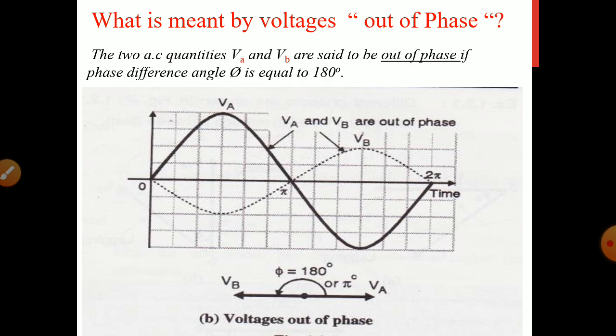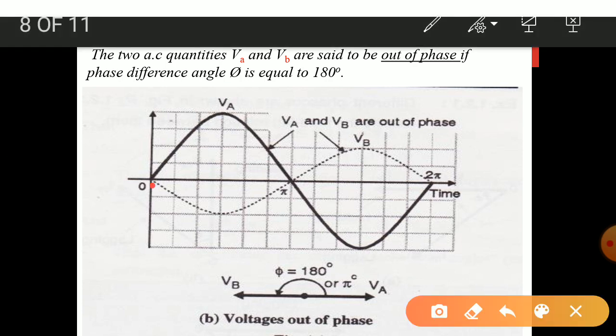See, in this diagram we have two voltages VA and VB. VA is starting from 0, but VB, see this dotted part, these both signals are not in the same direction, they are said to be out of phase.